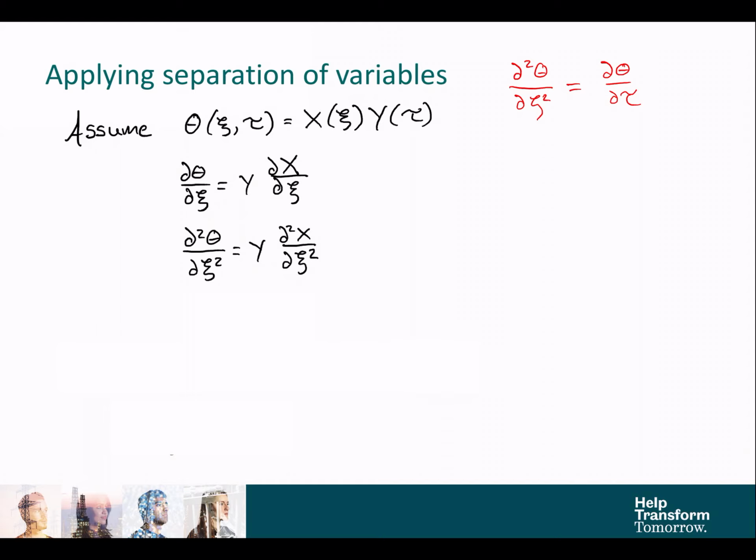We do the same thing for the function Y. We differentiate theta with respect to tau, and X is a constant this time because X does not depend on tau, and we get the first derivative of Y with respect to tau. So these are the two we're going to need to plug back into our governing differential equation up here.